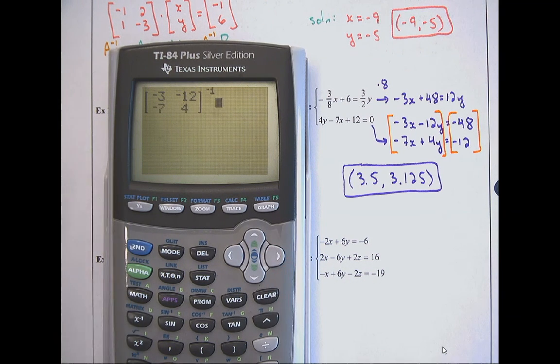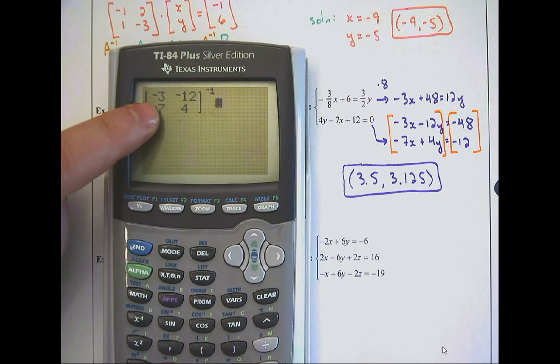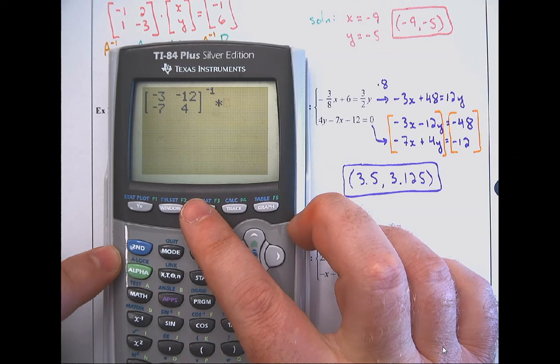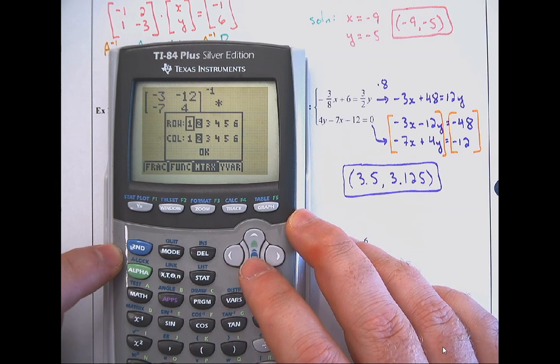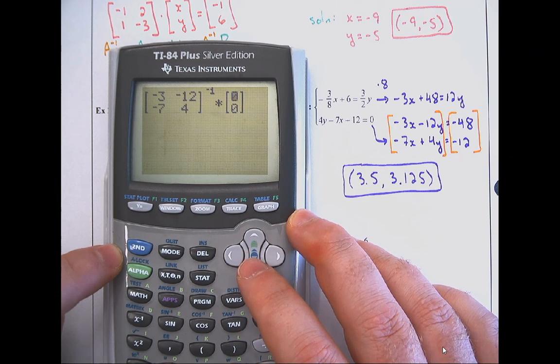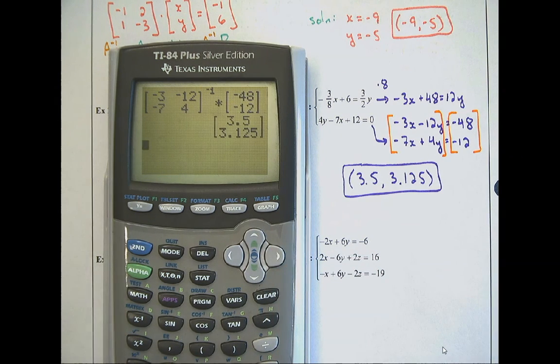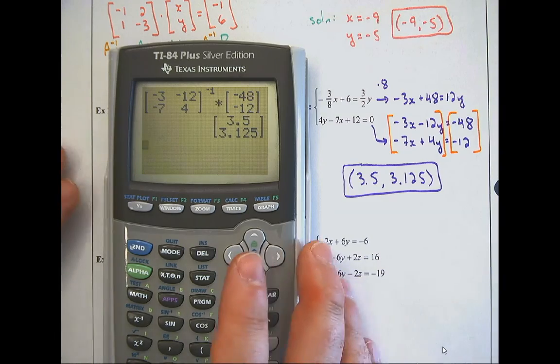And now I want to hit the inverse there because that's A inverse, times, and now I'm going to make matrix B, alpha F3. That's a 2 by 1. And then a negative 48 and a negative 12. Either way is going to give you the same solution. If you think that's faster, go that route. If you think it's faster to do A inverse B, I don't care.